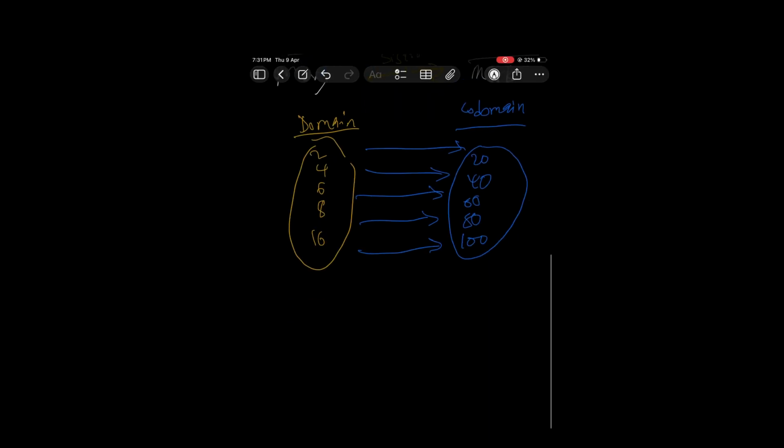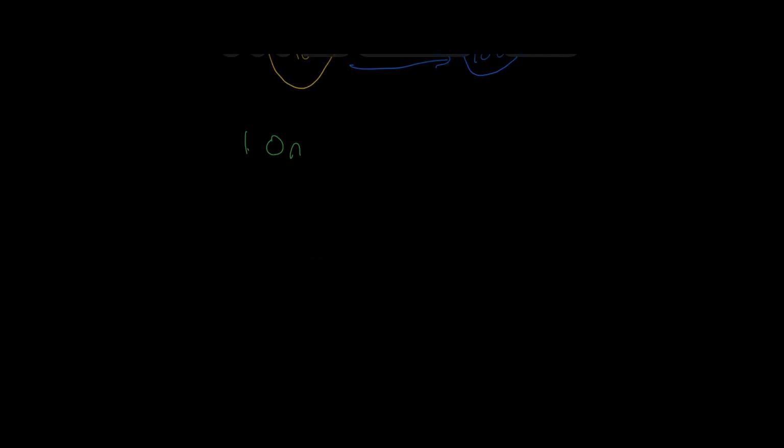There are several types of relations. Number one, one-to-one relation. So if I have a set A and I have another set B, take note this is the domain and this is the co-domain.